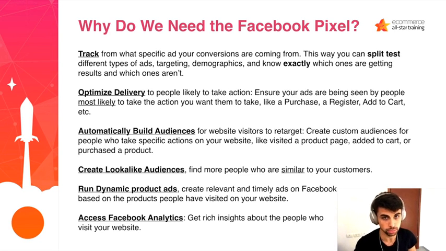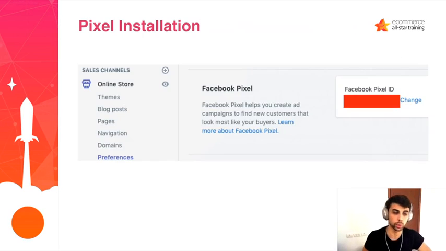But obviously you need to have a Facebook Pixel on your website. I just wanted to show you guys a quick recap on what you can do with it, and of course how to install it. Now there are plenty of different apps that you can use, from Trackify to Pixel Perfect, and a few more that I know of. But honestly, we just install it through the Shopify preferences if we're using Shopify. We used to not use it like this because it used to be buggy, but Shopify has improved it, and now we're noticing really good results with it.